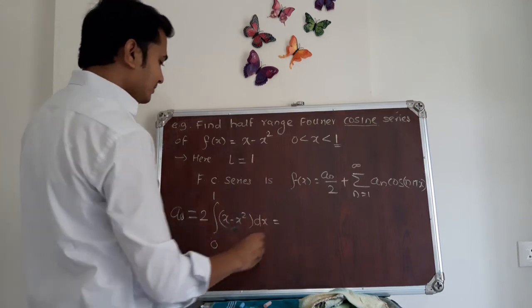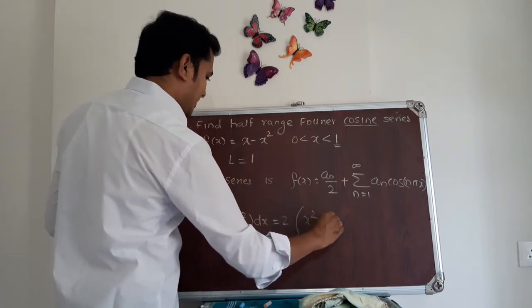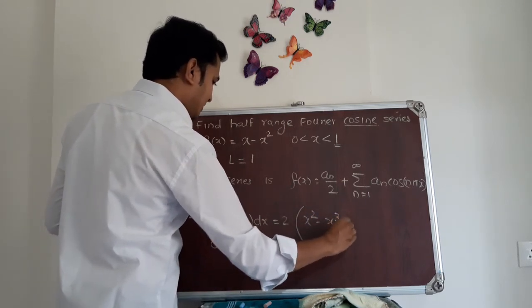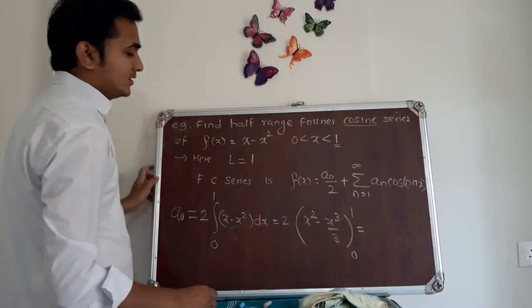This integration is x square by 2 minus x cube by 3 with limits 0 to 1.